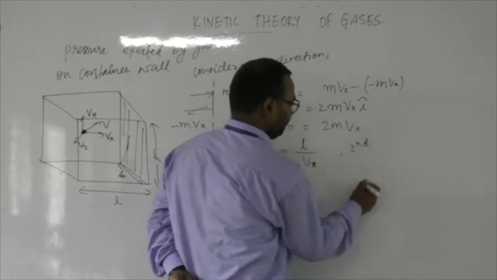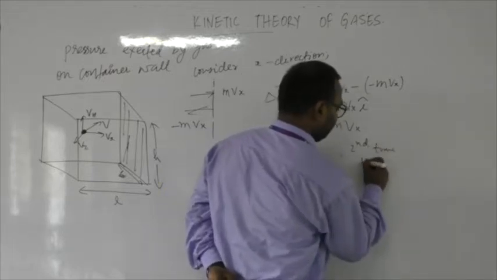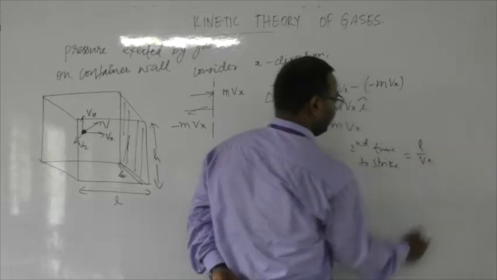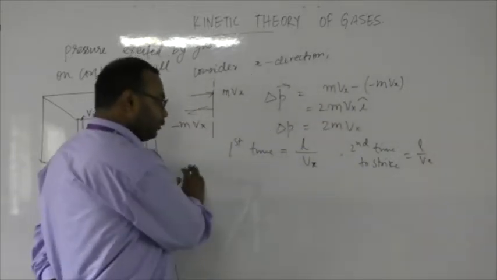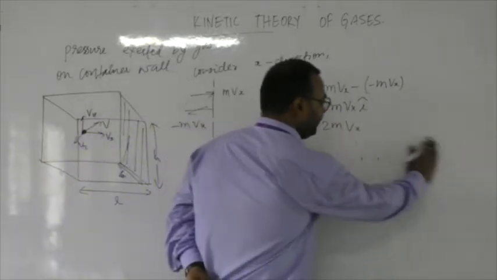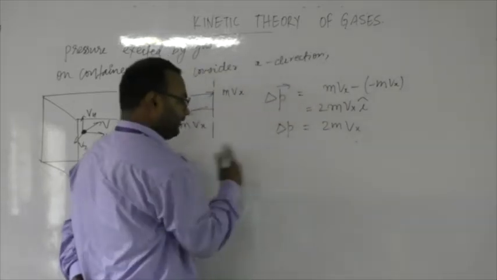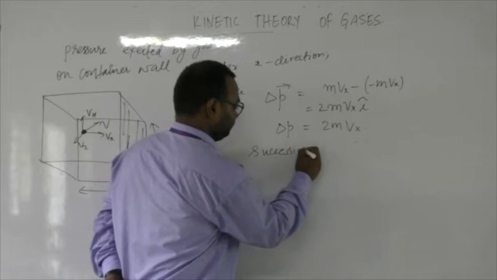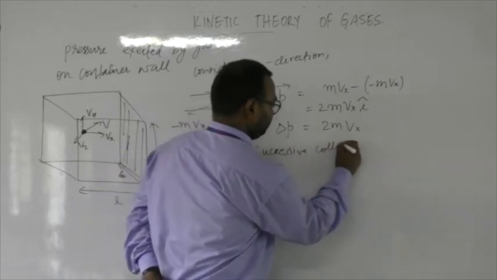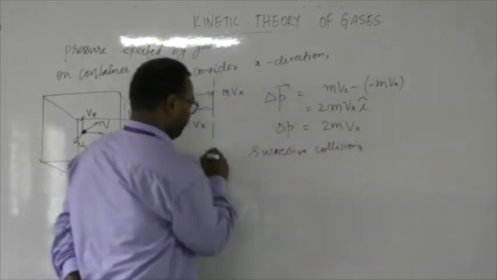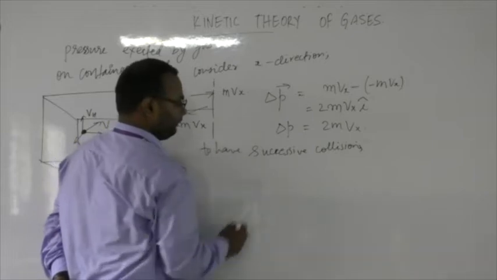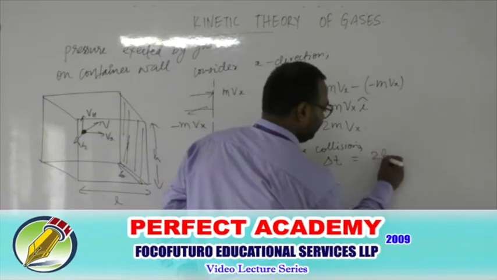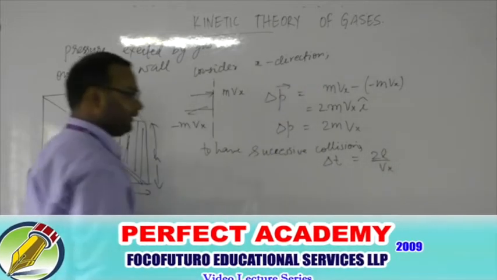So that means the total time to have successive collision, delta t average time, is 2L upon Vx.